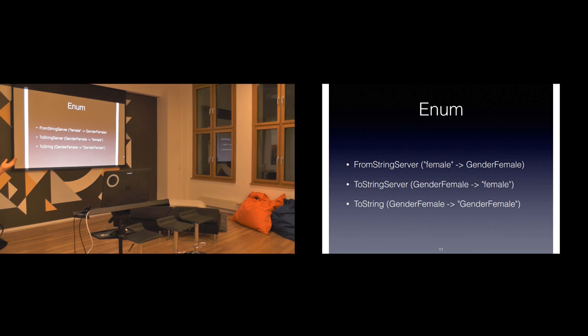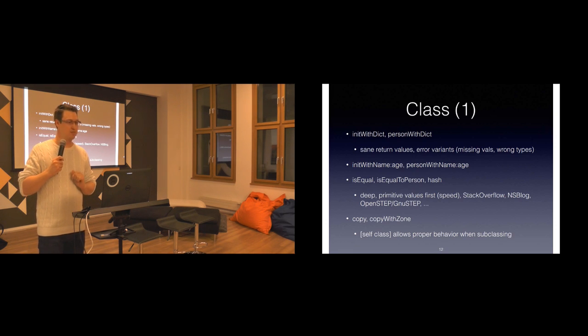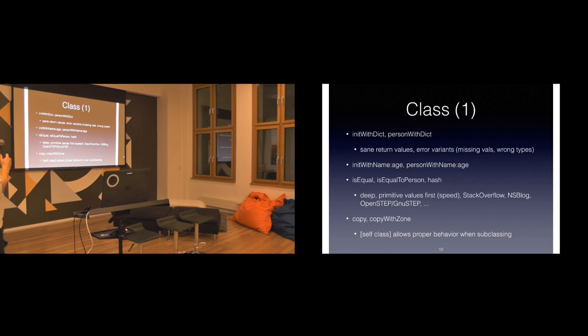So for the enums, maybe this is kind of boring. We have a function from string to the enum and enum to the string of the server and to some more expressive string that's used in the description method. So pretty boring stuff. For classes, I generate functions init with dictionary or person with dictionary, depends on the style you prefer. And they always return sane values.